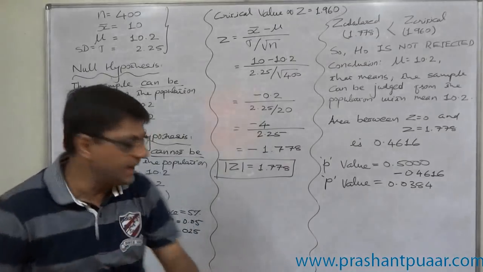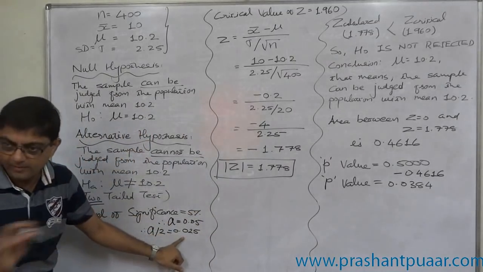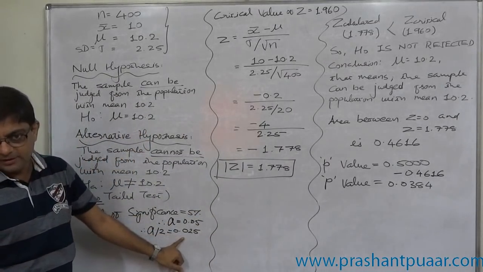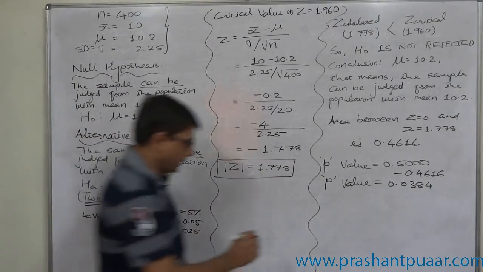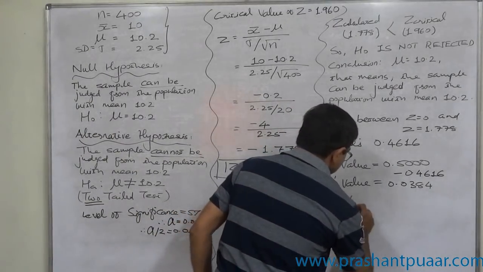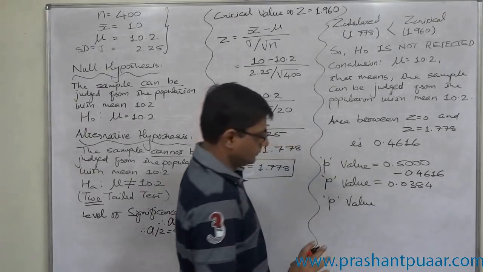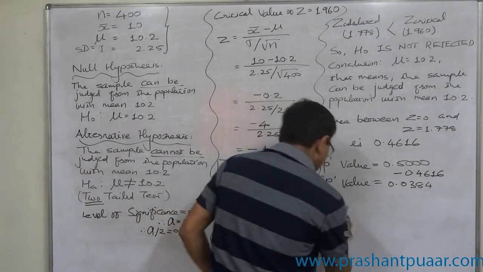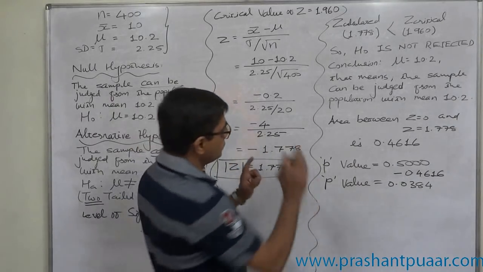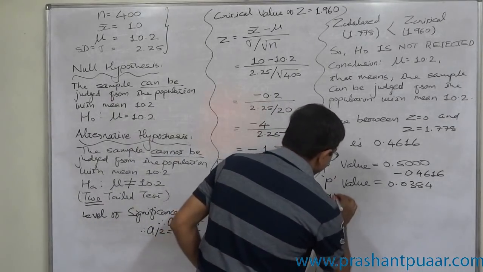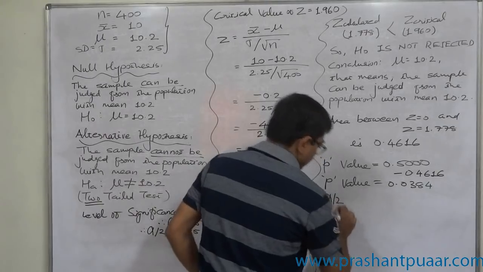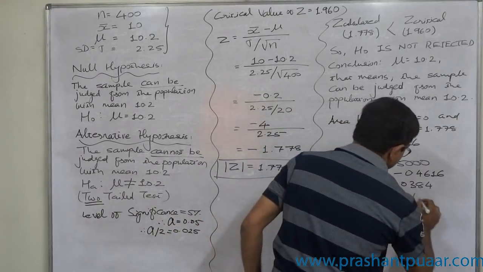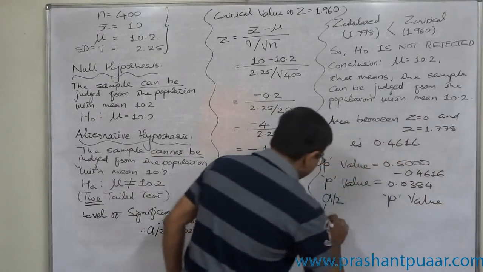Okay. Now similar type of step is there. Compare p-value and your alpha or alpha by 2, whatever the case may be. Comparison of these two. Let us write alpha first. So the same sign will be there. Alpha by 2 and p-value. What is alpha by 2?